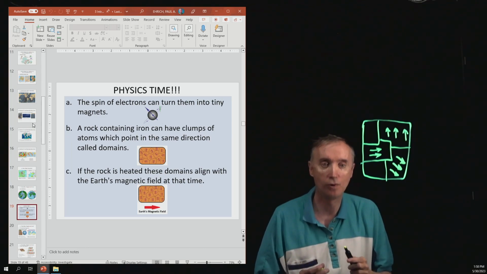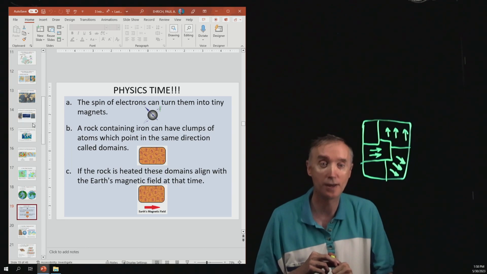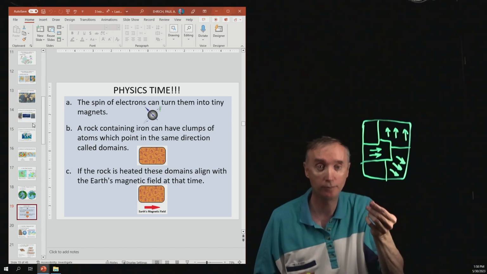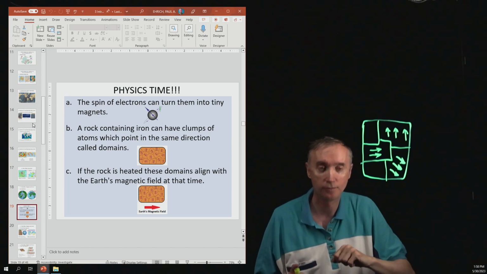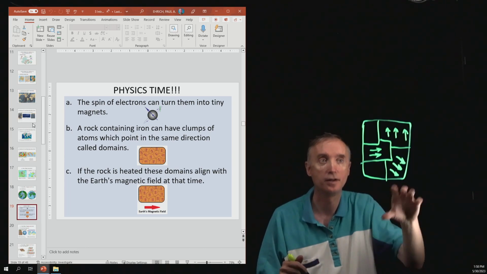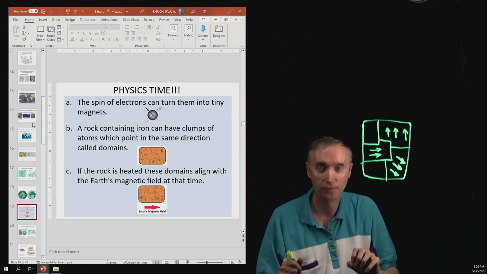So that's the reason why iron, for example, normally is not magnetic. If you got a paper clip, you can't pick up another paper clip with a paper clip. It's because the iron in the domains are randomly oriented.